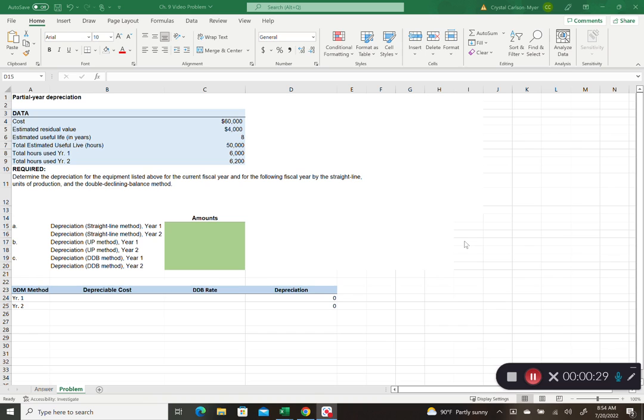So like I said, we're going to depreciate the same exact asset using the 3 different methods. The reason we have 3 different methods to learn is because each business can choose what type of method they want to use to depreciate their assets, and it doesn't have to be the same. Say you have a piece of machinery, but you also have a vehicle.